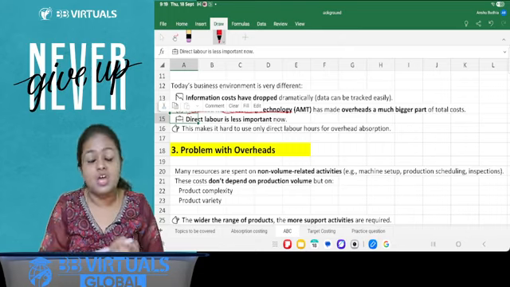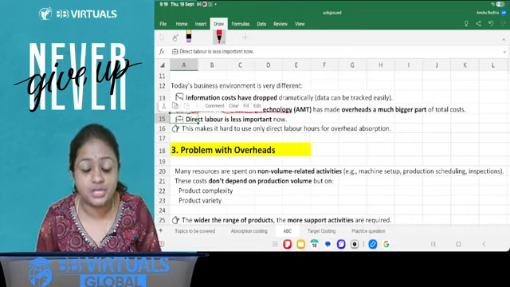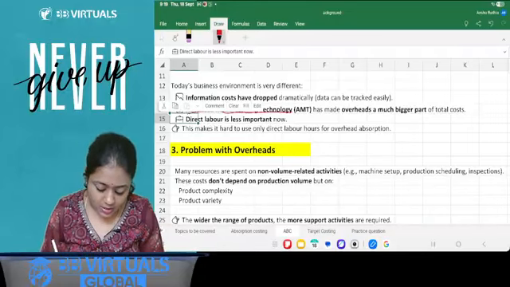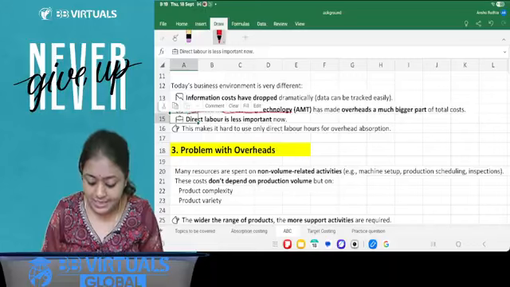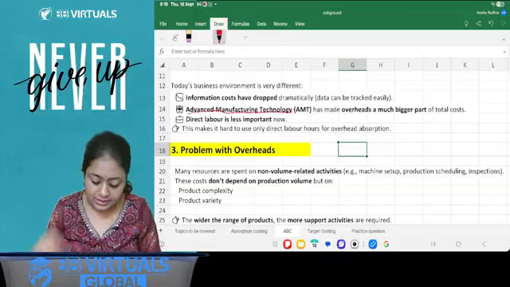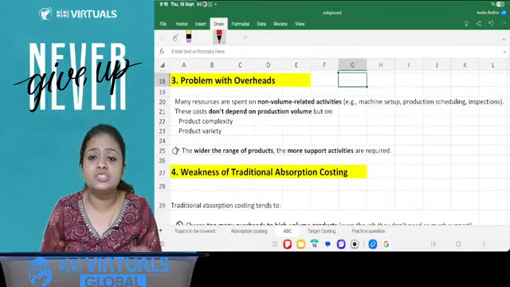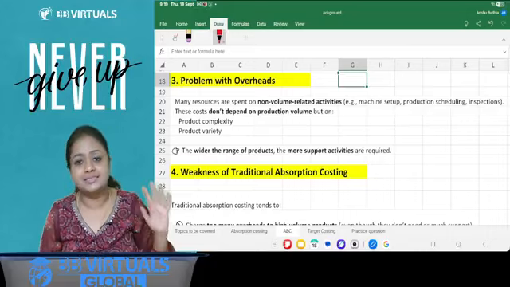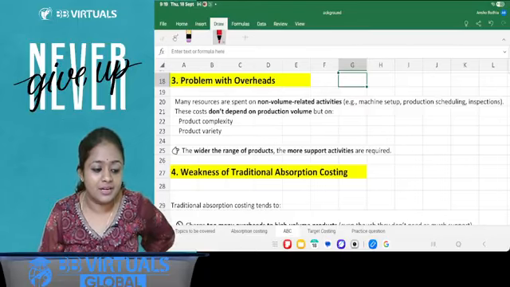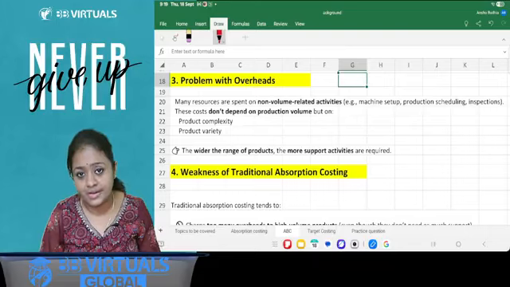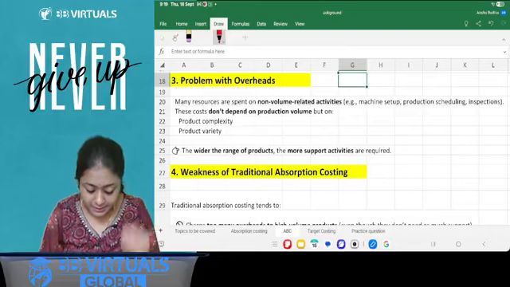So overall your overhead portion is much bigger than the direct cost. And now direct labor is very little as compared to your machine cost and the other overhead costs, and hence using just a blanket rate to allocate the overheads doesn't make sense. Okay, and it doesn't really serve the purpose of allocating the overheads. So it's better to have a better base.